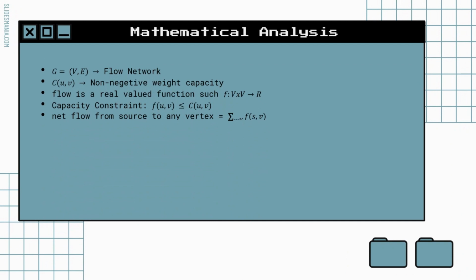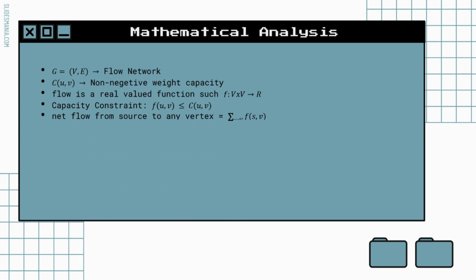Let's have a look at the mathematical analysis. We can represent a flow network mathematically like this: G equals (V, E). The non-negative weight capacity is represented by C(u, v).